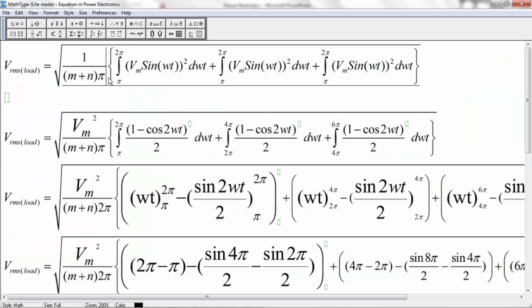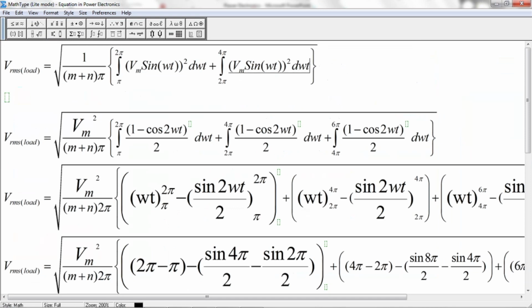This is pi to 2 pi, then this is 2 pi to 4 pi. If you are considering only two terms, you do not need to, because in the previous one I showed only two terms. Okay, delete this part.